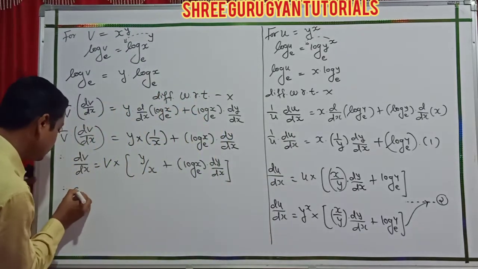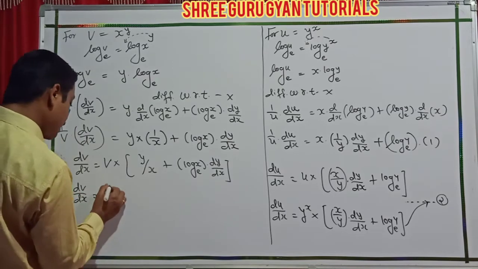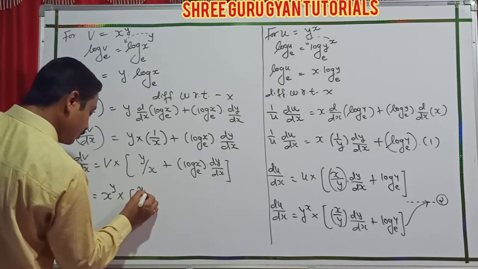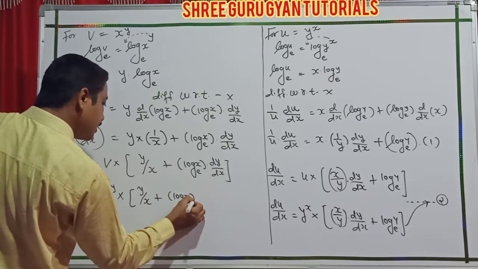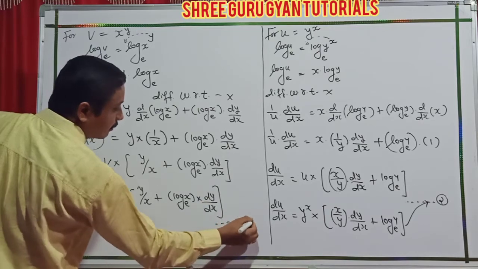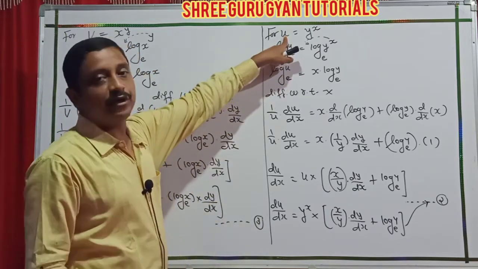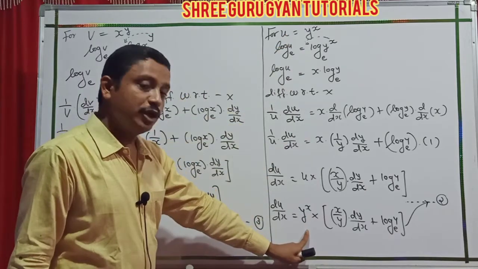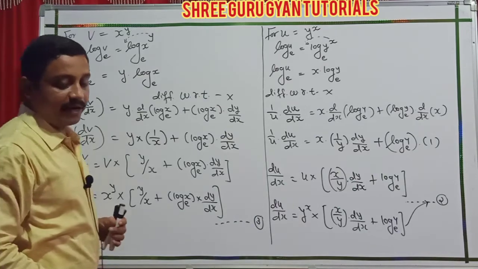It means dv by dx, what you get? x raised to y into (y by x plus log x base e into dy by dx). Here make statement number 3. It means students, your u derivative is du by dx, v derivative is dv by dx.